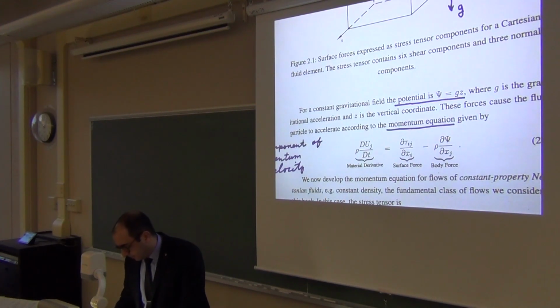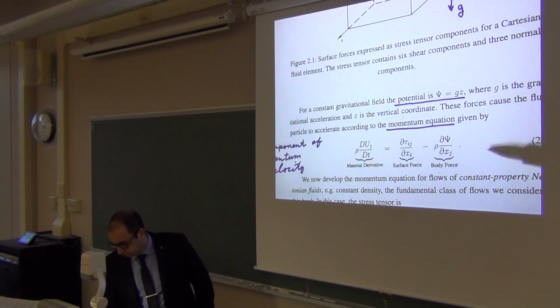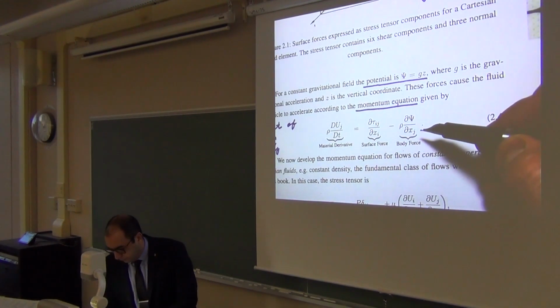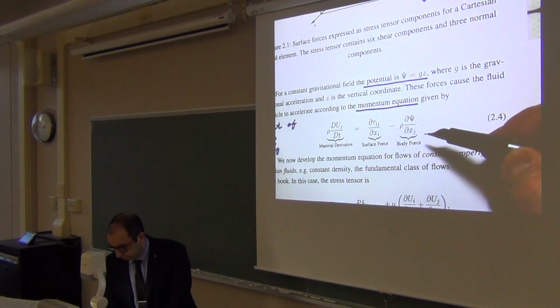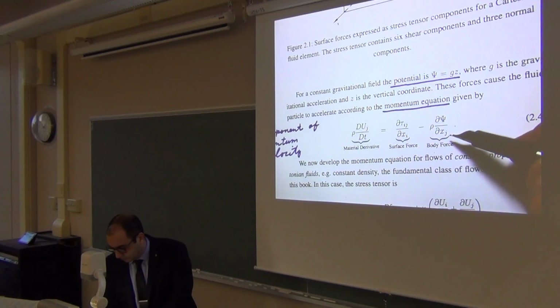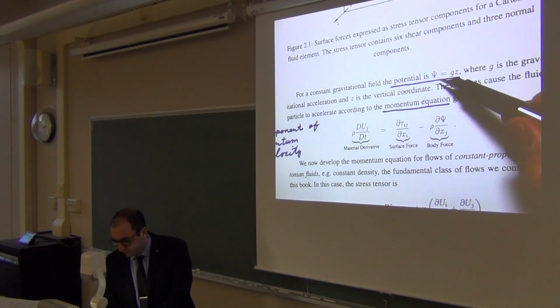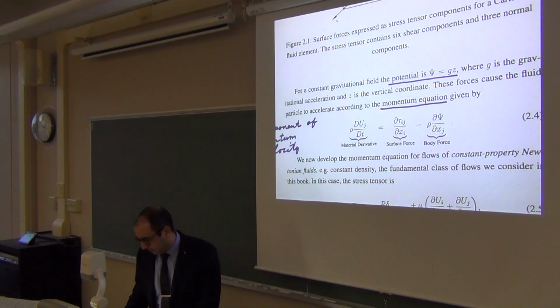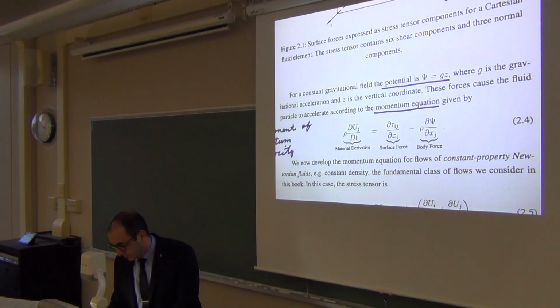So I have the equation. Well, the body force is here. It's not too unfamiliar to us. If you take the spatial derivative of gravitational potential, whatever is left is gravitational acceleration itself.